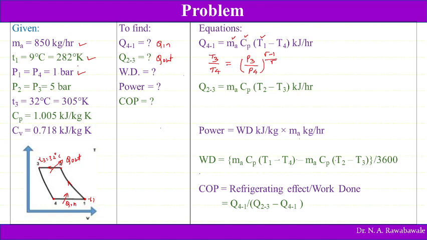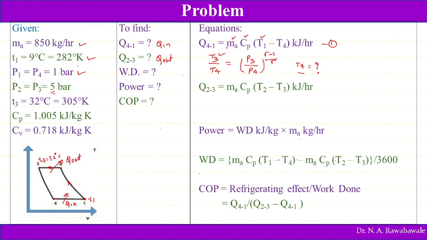What we know here is T3, which is 32 degrees Celsius or 305 Kelvin, and P3 is also known. P3 is 5 bar and P4 is 1 bar. Gamma is nothing but Cp divided by Cv. So we know everything, the only unknown is T4. From this we get T4, and when we substitute T4 in the first equation, we get the heat absorbed by the refrigeration system. So this is how we get T4, and we get the heat absorbed in kilojoules per hour, because the mass flow rate is in kg per hour.